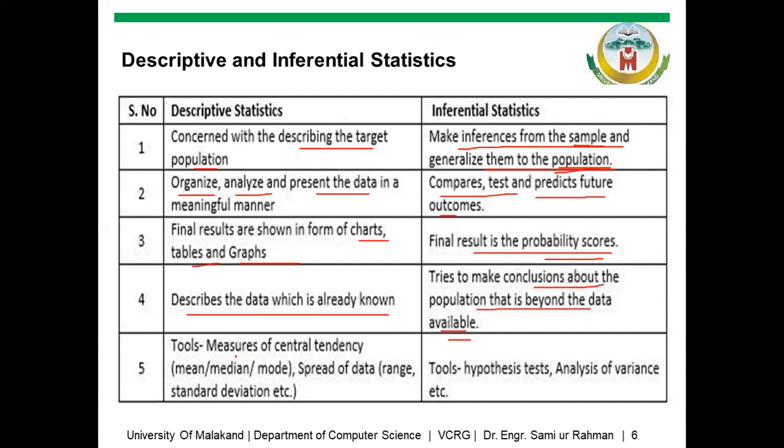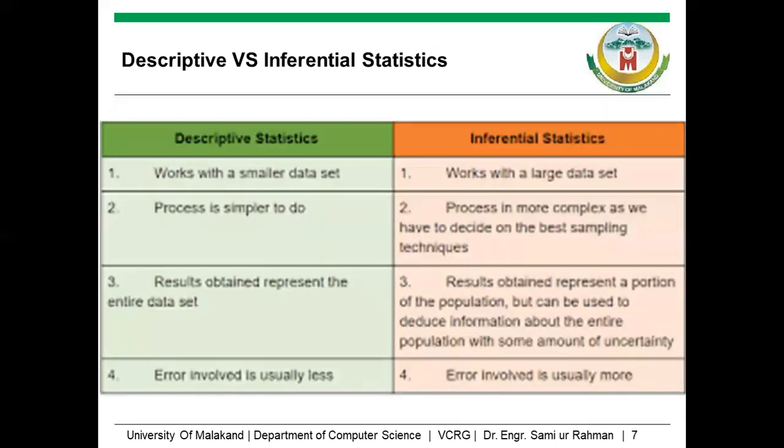The tools that are used in descriptive statistics are measures of central tendency, mean, median, mode, and spread of data, range, standard deviation, etc. And the tools that are used in inferential statistics are hypothesis test, analysis of variance, etc. Okay, this is again the same thing, but in other words: descriptive works with smaller data, inferential works with large data.